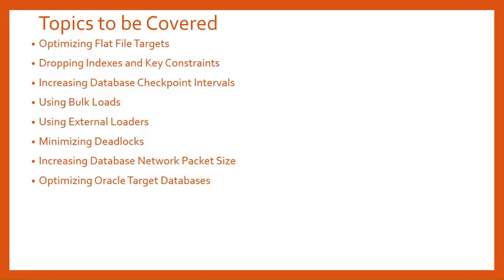The topics to be covered here are optimizing flat files, dropping index and key constraints, and increasing database checkpoints. These topics I will cover in this session. Also using bulk load, and if you're going to use bulk load, then based on your scenario mapping, you need to use these points using external load. Then minimizing deadlocks, increasing database network packet size, and optimizing the Oracle target database.